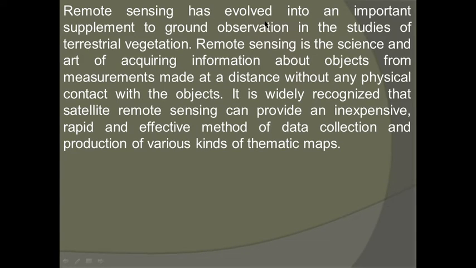Remote sensing has evolved into an important supplement to ground observation in the studies of terrestrial vegetation. Remote sensing is the science and art of acquiring information about objects from measurements made at a distance without any physical contact with the objects.